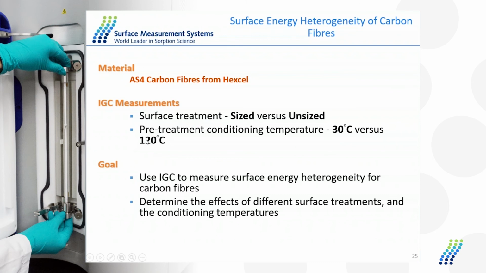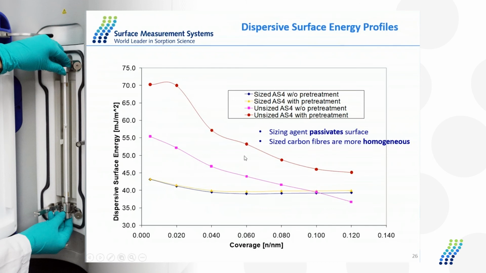So on this slide, it's a little bit busy, but we can see here, this is the dispersive surface energy. And if we compare the yellow and blue, these are the sized carbon fibers. And we can see that compared from the sized carbon fibers to the unsized carbon fibers, which are this red and pink, the surface energy is quite a bit lower and quite a bit more energetically homogeneous.